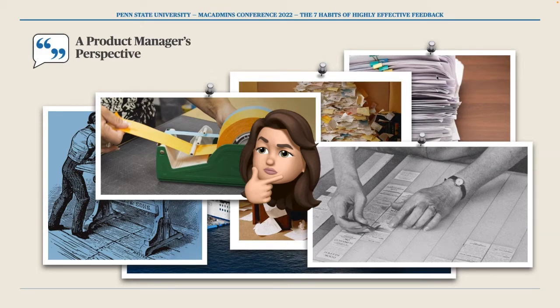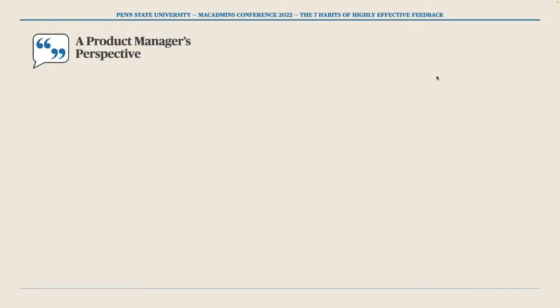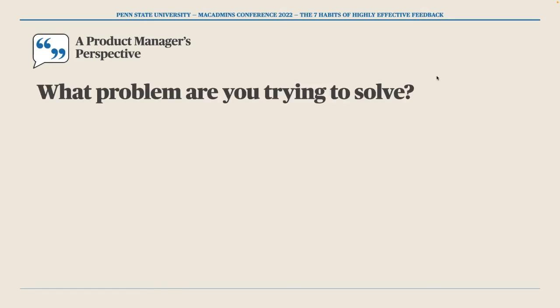You are working with whatever application or system for so long, you start to forget that not everyone is familiar as you are with any of these tools or applications, right? So the question that I have always been taught to ask as a product manager, and the question that I'm suggesting that you all take into mind is, what problem are you trying to solve?